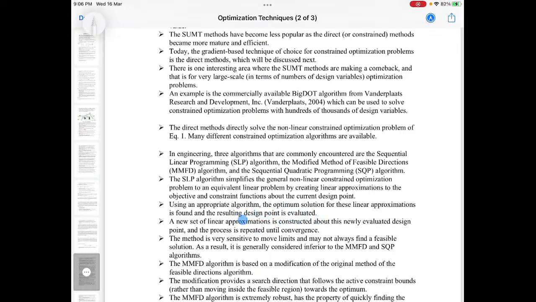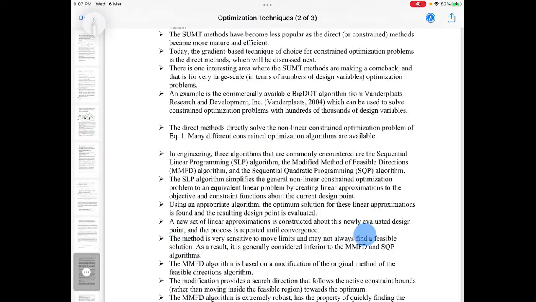A new set of linear approximations is constructed about the newly evaluated design point, and the process is repeated until convergence. So the ultimate aim is to reach convergence.